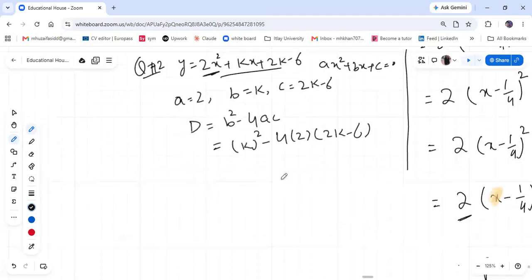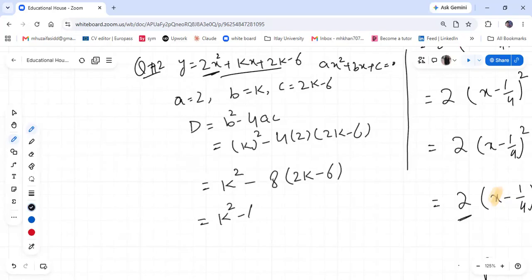So from here this is k square minus 8 into 2k minus 6. So this is k square minus 16k, plus 48. Okay, got it? Yes, sir. Okay. Now from here we want to find the values of k.